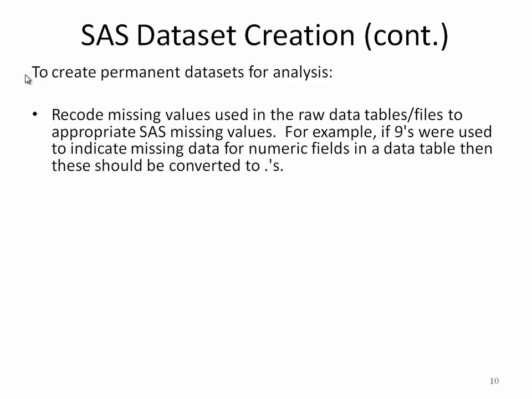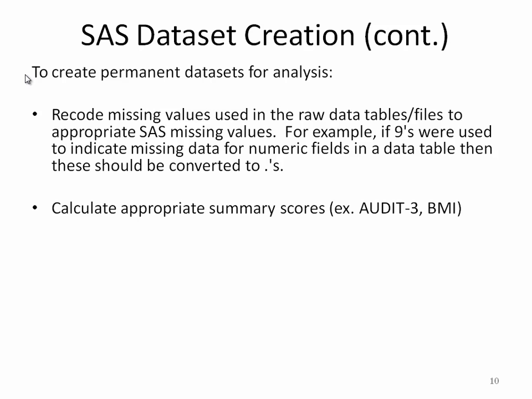A lot of times we have to calculate summary scores, and a simple example is the body mass index, which is based on height and weight. But there's also a lot of studies that use behavioral questionnaires that ask about pain and depression, and they may have a series of 30 questions that ask about depression, and there are summary scores that can be calculated from those questions.